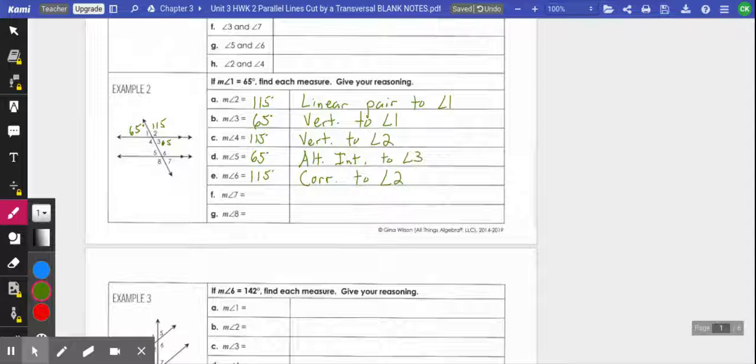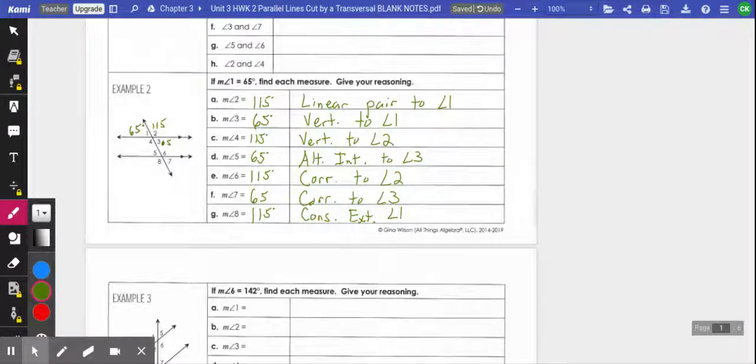So I can say angle 7 is 65, because again, it's corresponding to angle 3. And I can say angle 8 is 115 degrees, because, let's do a different reasoning here, we can say that it is a consecutive exterior angle to 1.